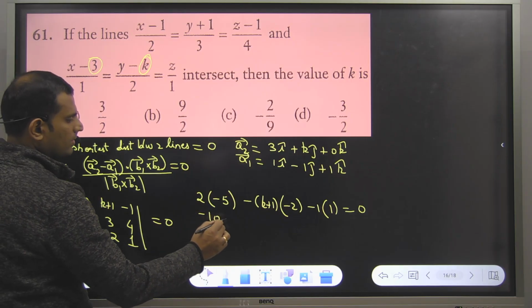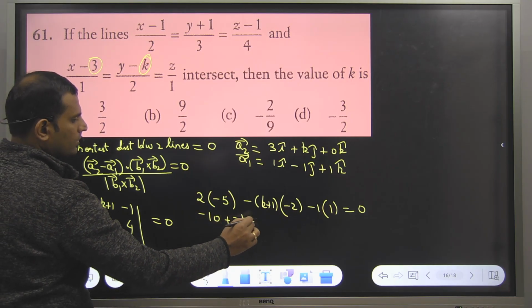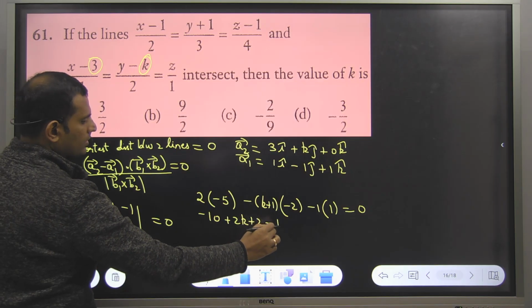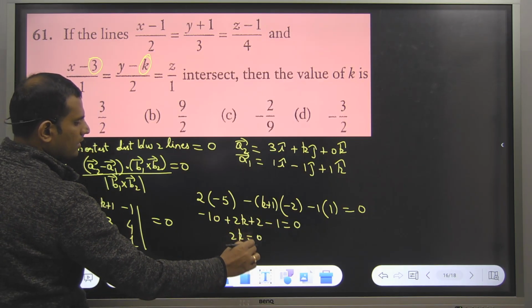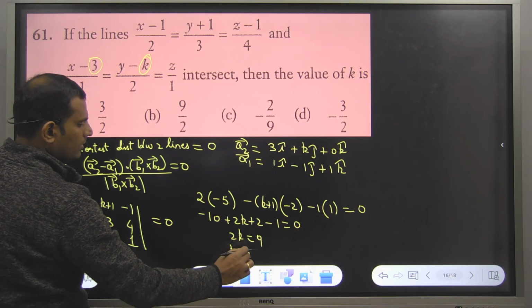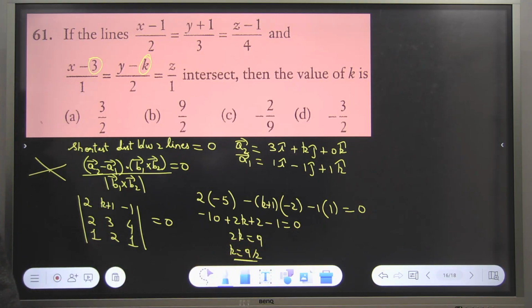So you will get minus 10 plus 2k plus 2 minus 1 equal to 0, or 2k is 9, k is equal to 9 by 2.